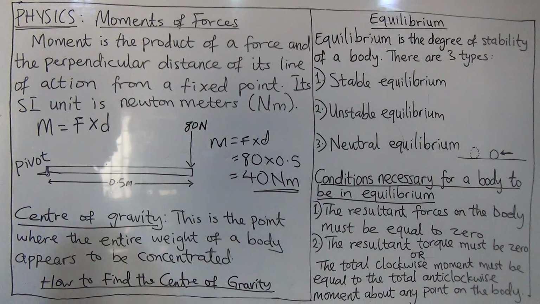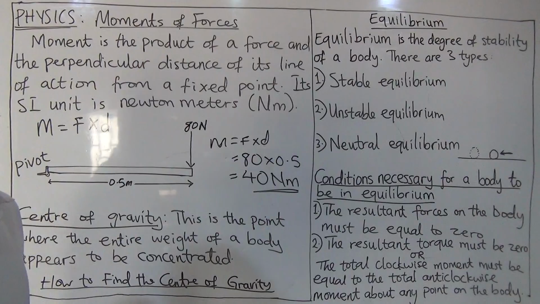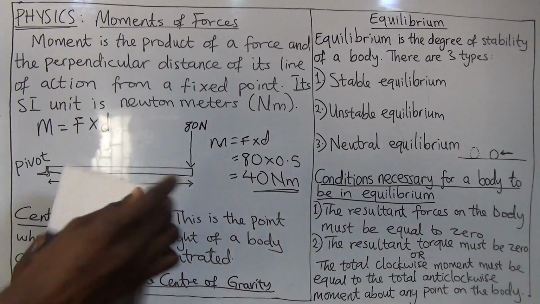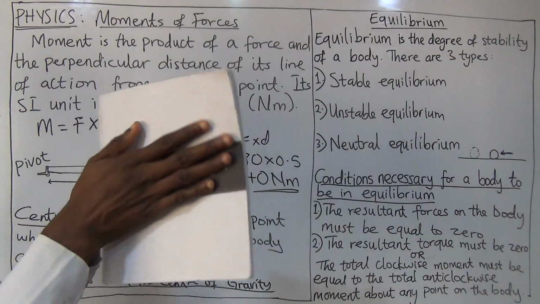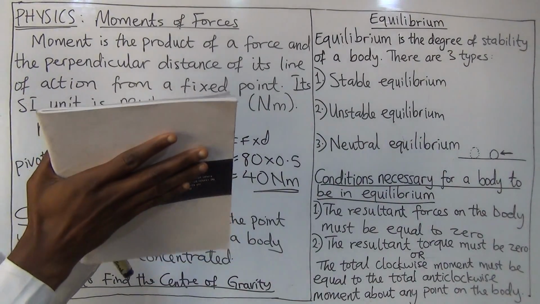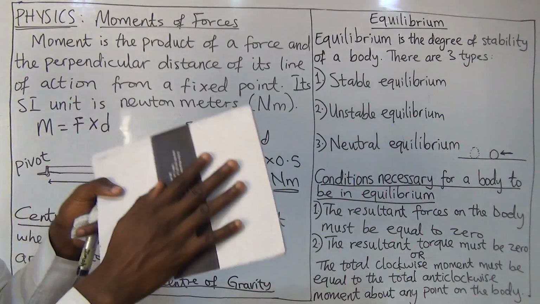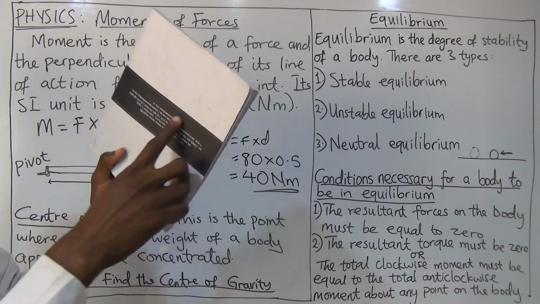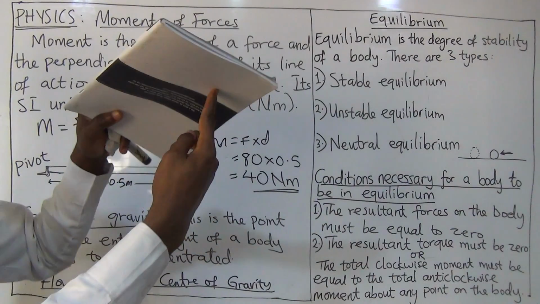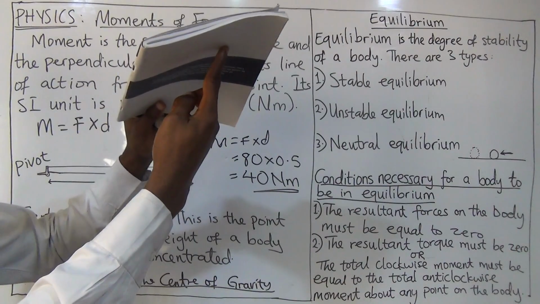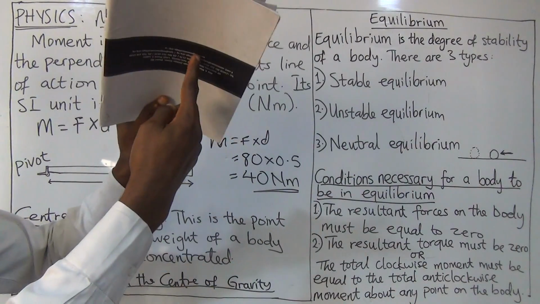Let us consider this book, for example. You can see this book here. The center of gravity is the point where the weight appears to be concentrated. So if I place my hand at this edge, and I place my hand here and I leave the book, it will fall. Okay?